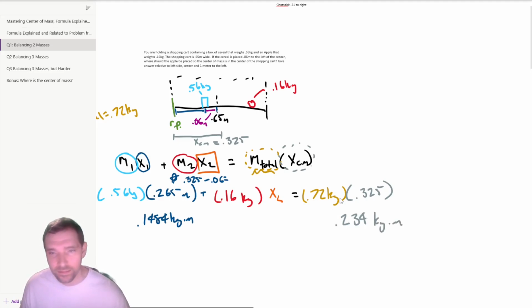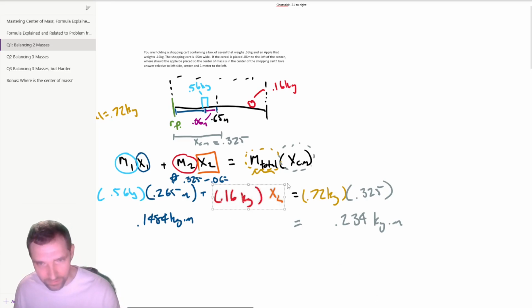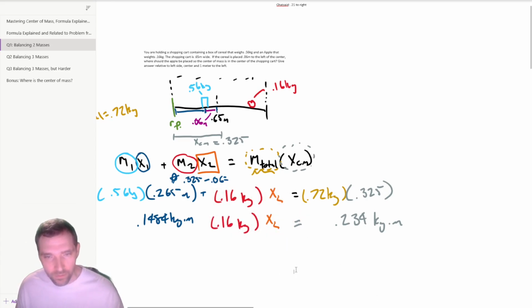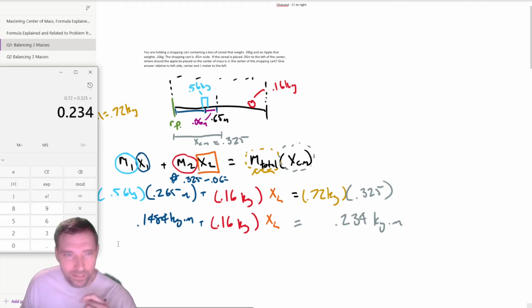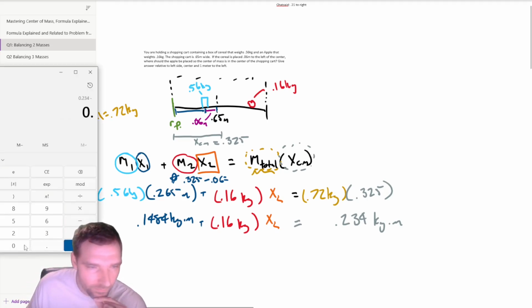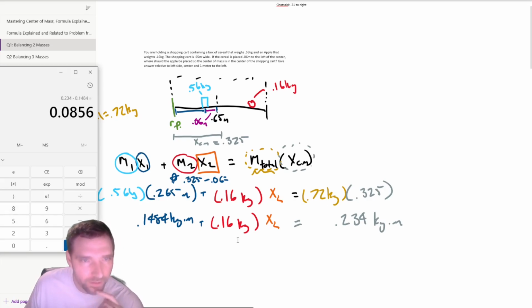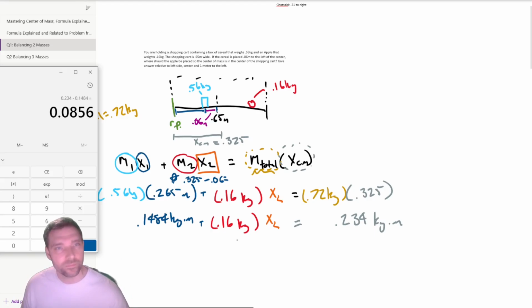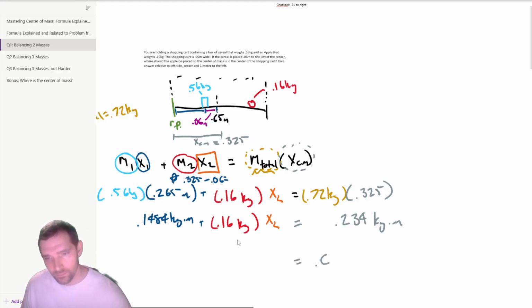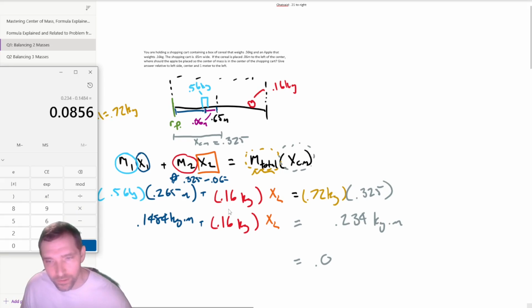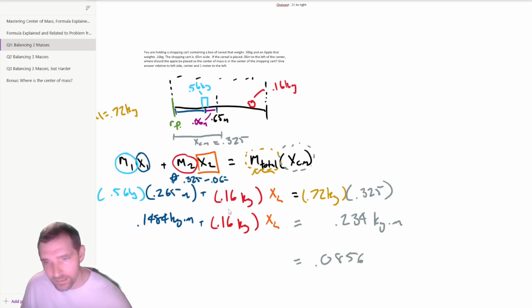And then we've got this just kind of coming down algebraically. Got the same thing there. We can isolate for x2 by bringing this over to the other side of the equation. So if we subtract 0.1484 from this other number, we should be left with, what is that? 0.0856 kilogram meters.